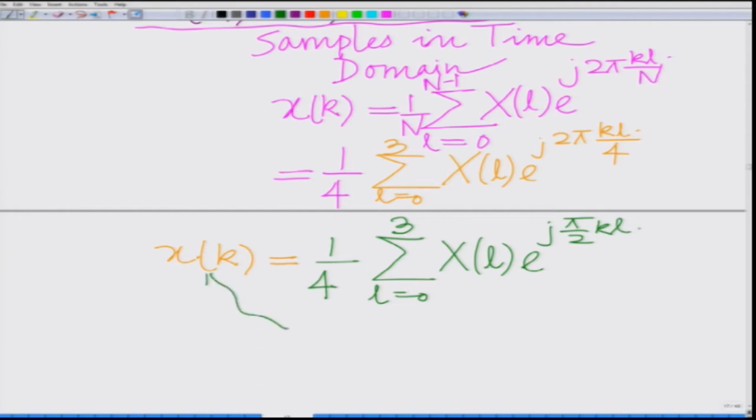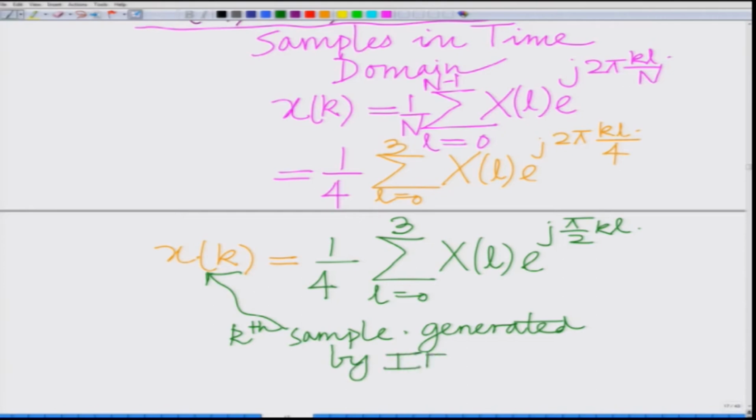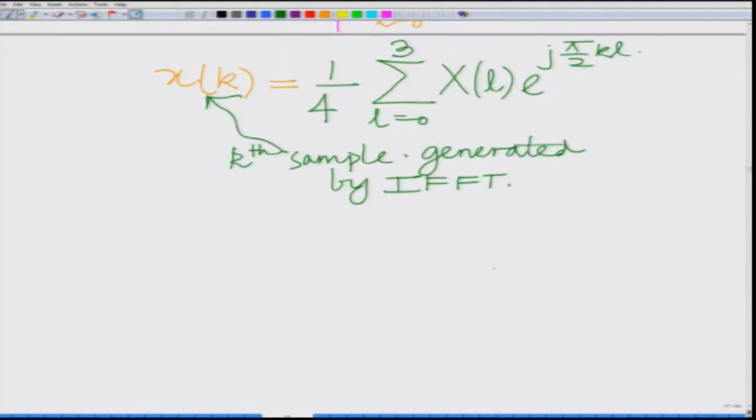So, this is the kth sample generated by the IFFT, correct.